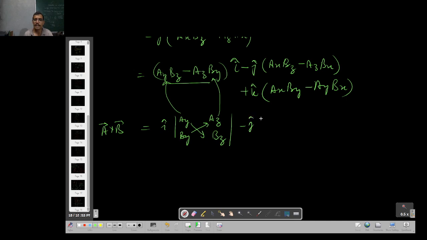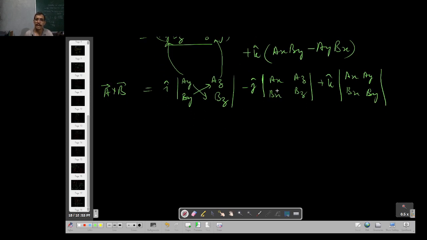And then minus j times the determinant ax az, bx bz, plus k times the determinant ax ay, bx by. It's a simple expansion of a third order determinant whose first row will be i, j, k, then ax ay az, bx by bz.